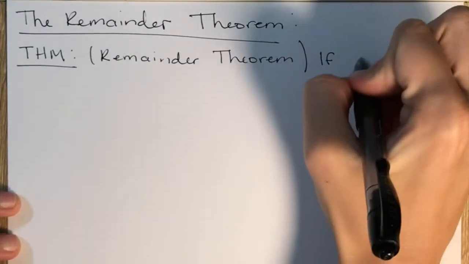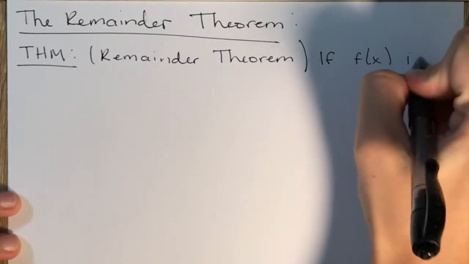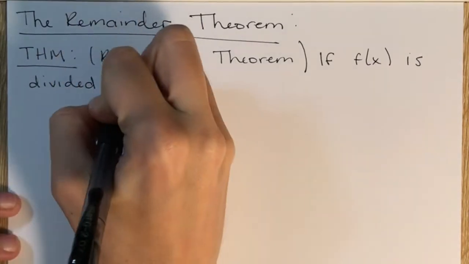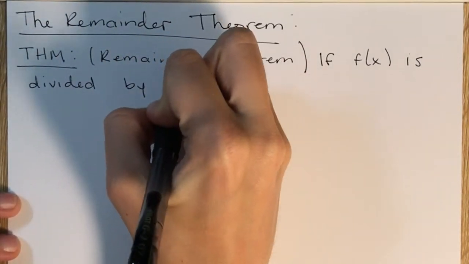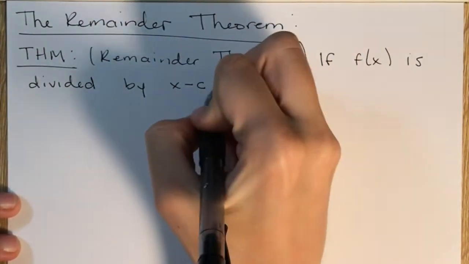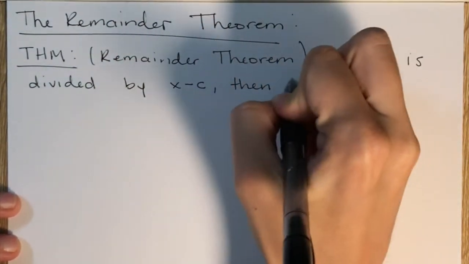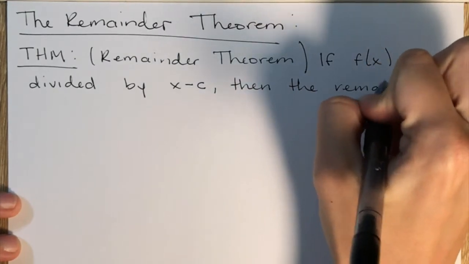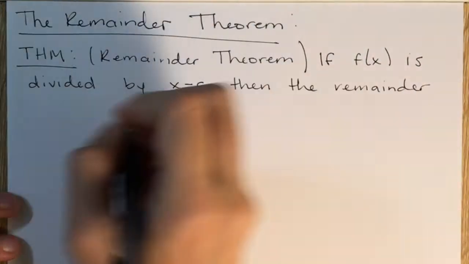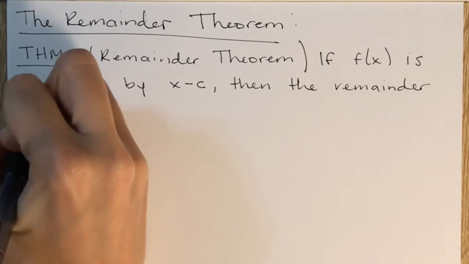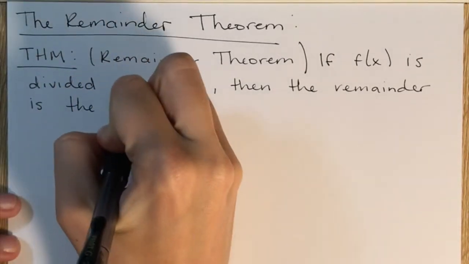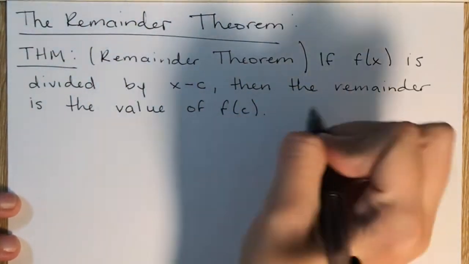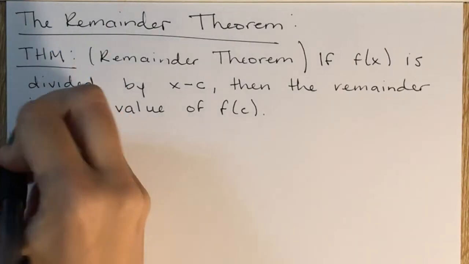If f of x is divided by x minus c, then the remainder is the value of f of c. Okay, how can we use this?